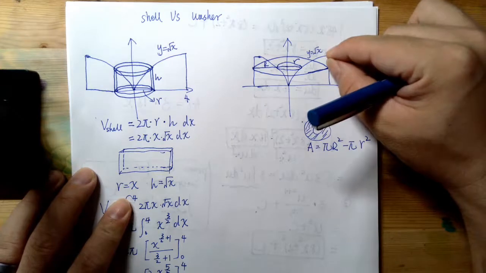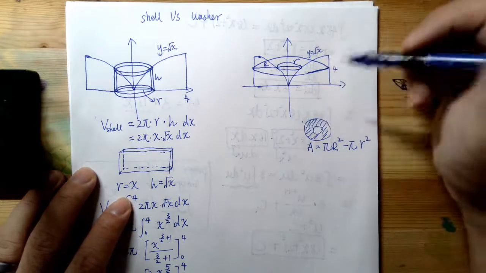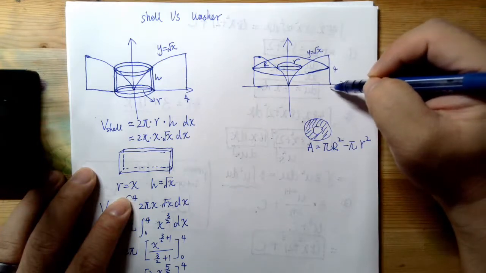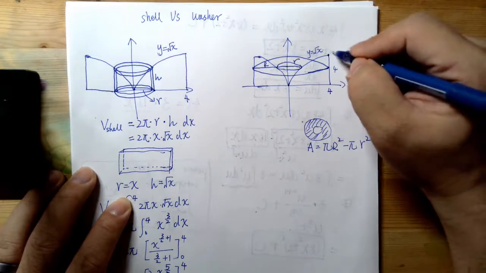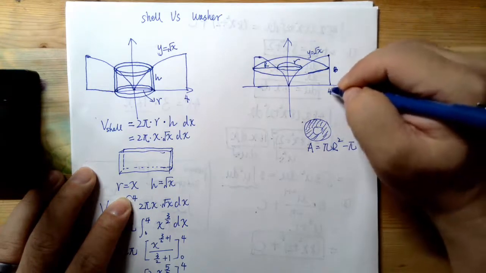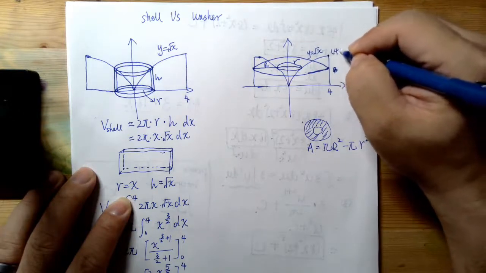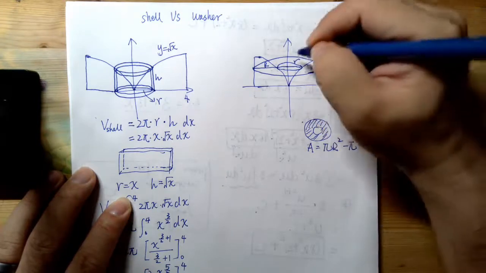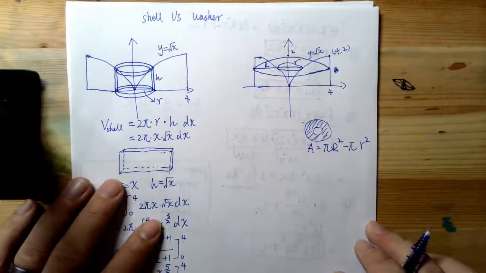The limit for the integral is from 0 to the height of this point. Since the x-coordinate for this point is 4, the y-coordinate is the square root of 4, which is 2. So this part is 2.